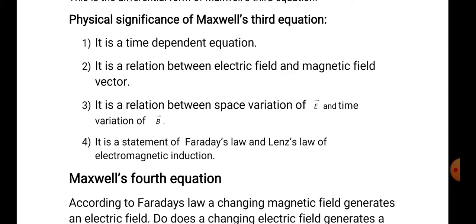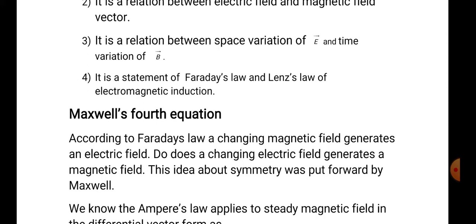Okay. Then we discuss Maxwell's fourth equation. According to Faraday's law, a change in magnetic field generates an electric field. Does a changing electric field generate a magnetic field? This idea about symmetry was put forward by Maxwell.